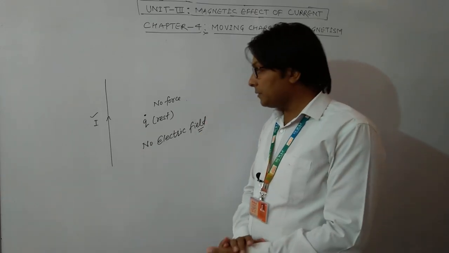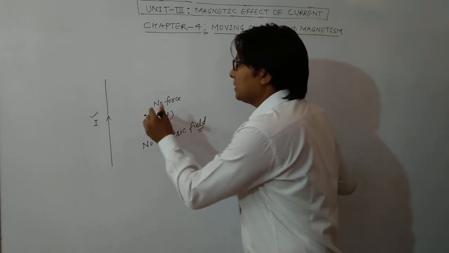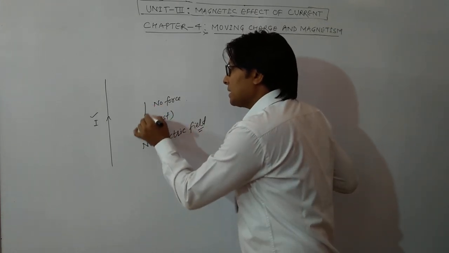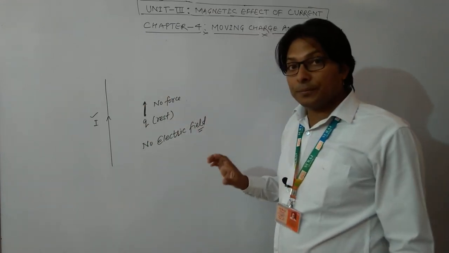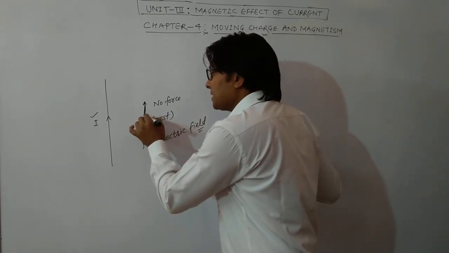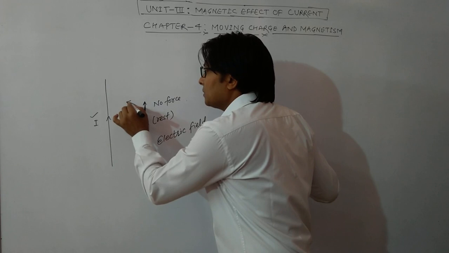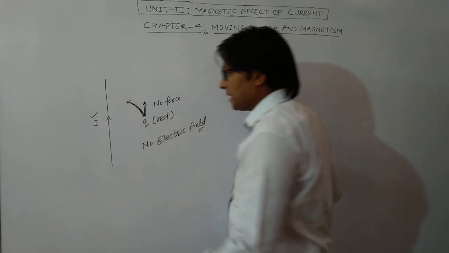But what if we make this charge move, and suppose we are moving this charge in the same direction in which this current is moving? So now it has been observed that this charge gets deflected towards this wire which carries a current I in the given direction.